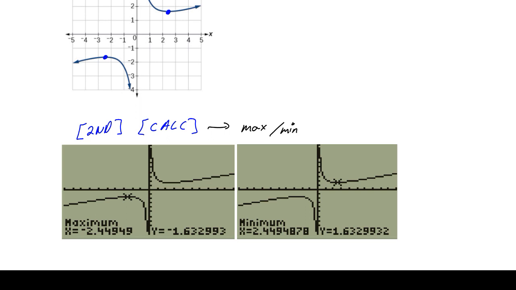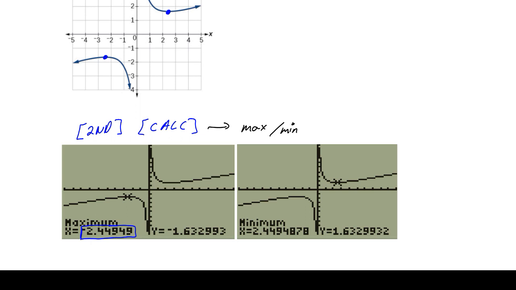So you might inspect the graph first, determine what you're looking for. When I selected my maximum, it gives me this value, negative 2.44949. And when I search for a minimum, I have this.